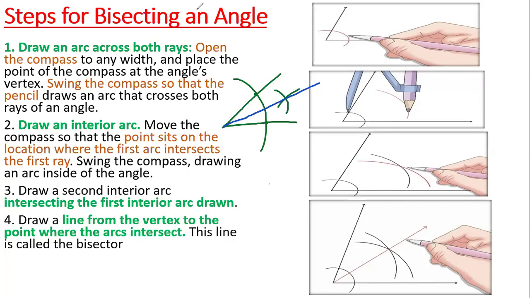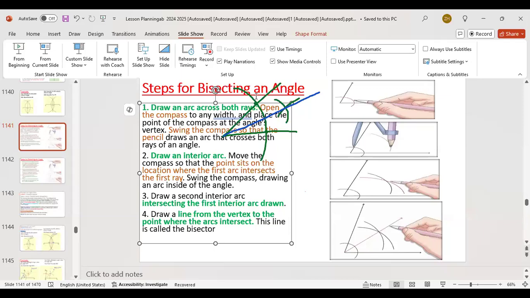If I have a 60-degree angle and I bisect it, how many degrees should each side have? 30 degrees, very good. If I have a 90-degree angle and I bisect it, what should each half have? 45 degrees, very good.